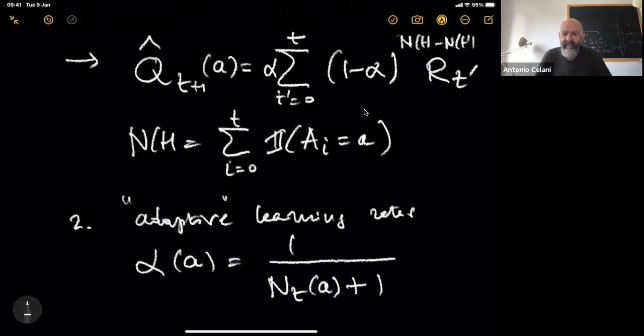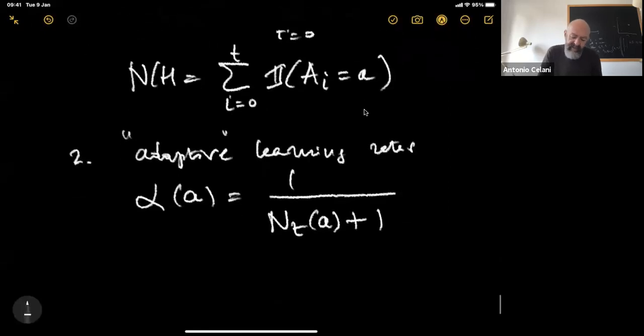So for every arm, you count the number of times that you visited it, and you learn with a rate which depends on that number.